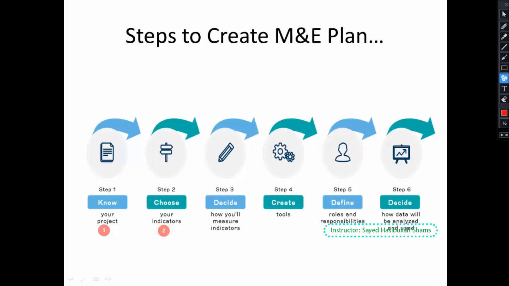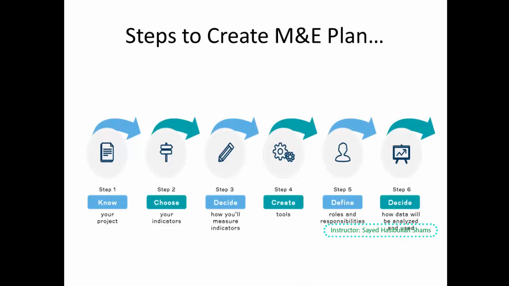The third step is how we will measure indicators. Number 4, to create tools for the indicators. Number 5, roles and responsibilities. And finally, we decide how data will be analyzed and used. So we will discuss these steps one by one.